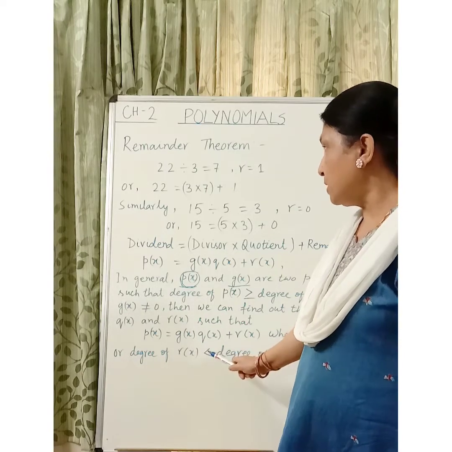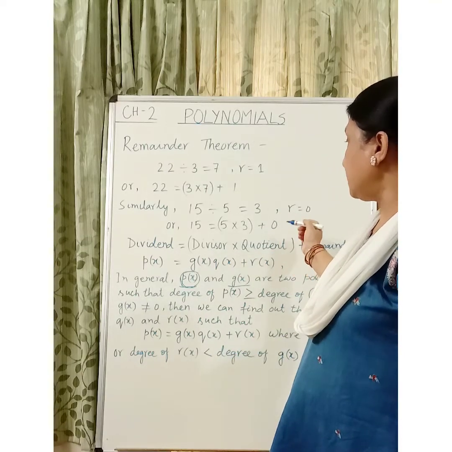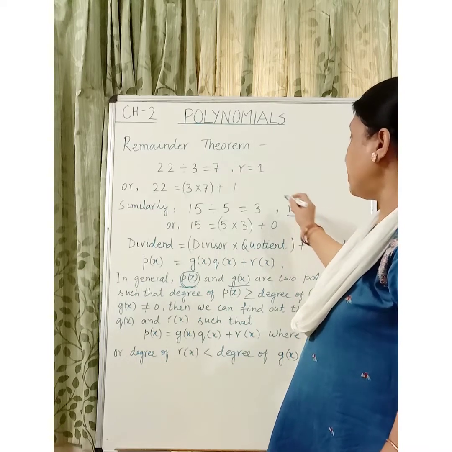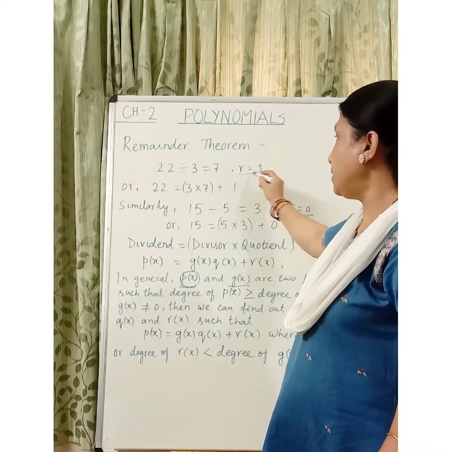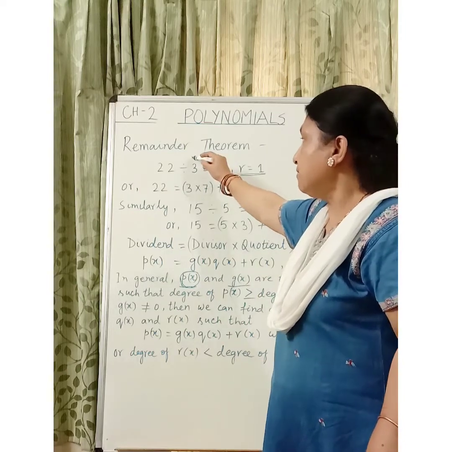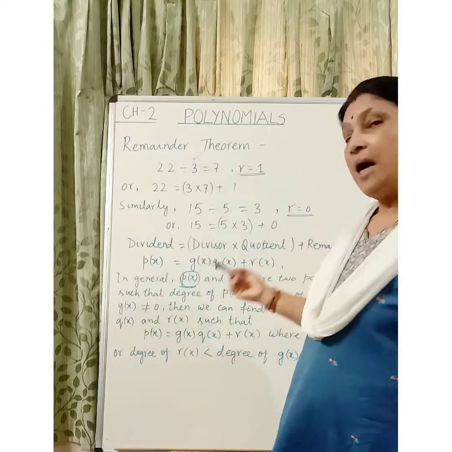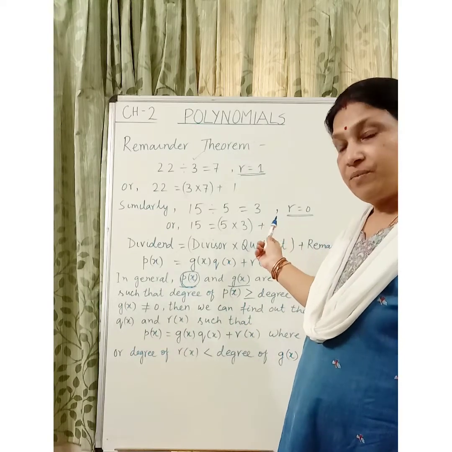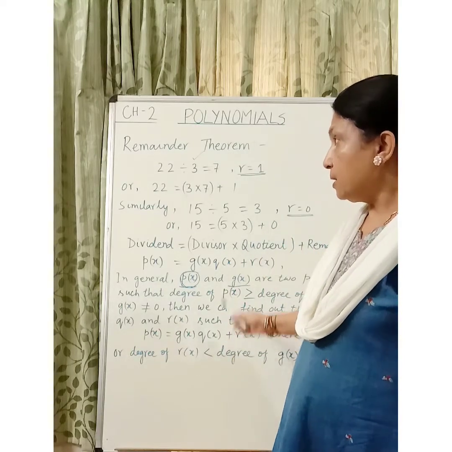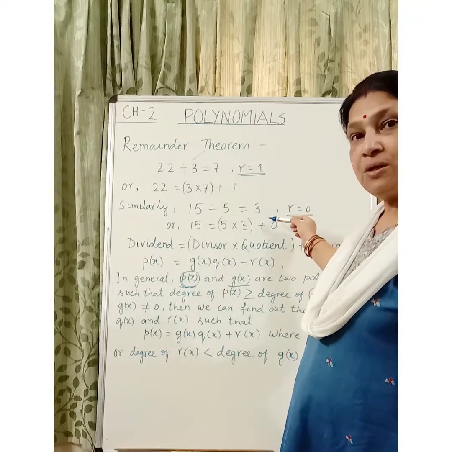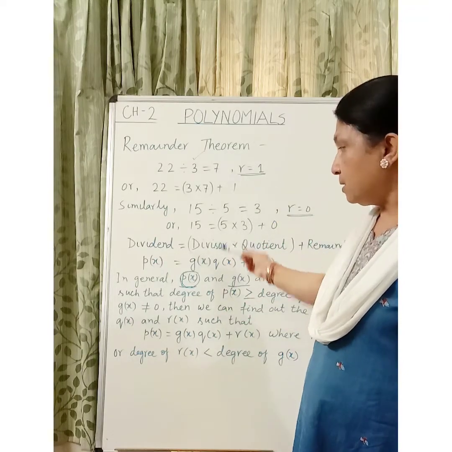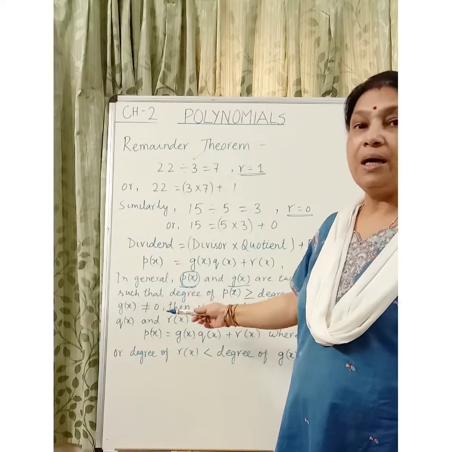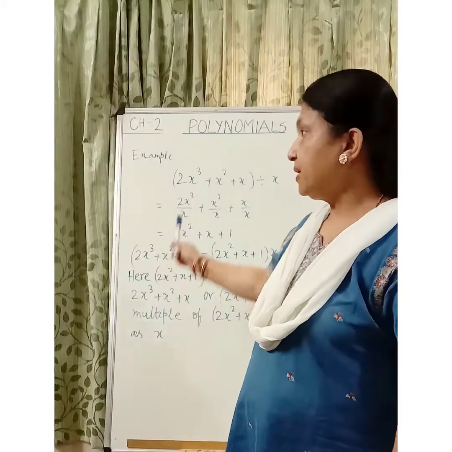You might have noticed that every time either the remainder will be 0 or it will be less than the divisor. The concept of division is the same when we divide a polynomial by another polynomial. I have taken one example.